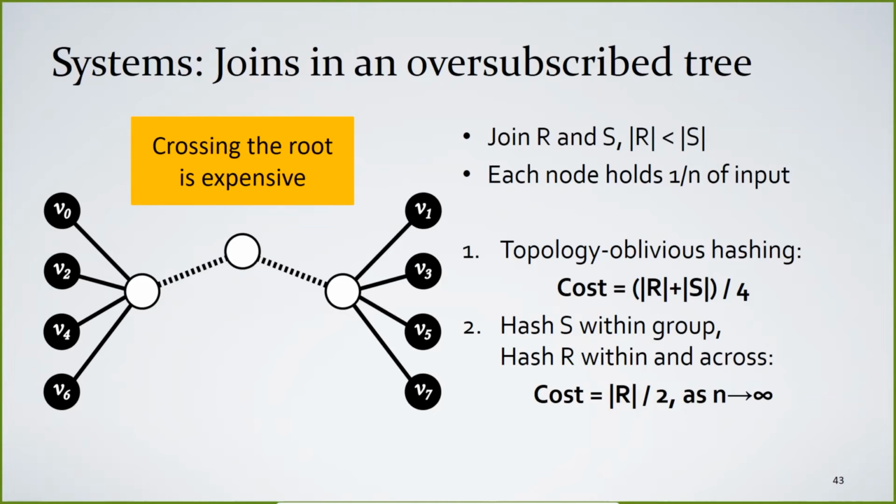Instead of just taking an R tuple and sending it to the destination, I would send it to one destination within the group and make a copy and send it out. In this way, what do I gain? I send R out once over the slow link, but I'm not touching S. I'm touching it locally, but not sending it across a slow link, which turns out to have a benefit, right?